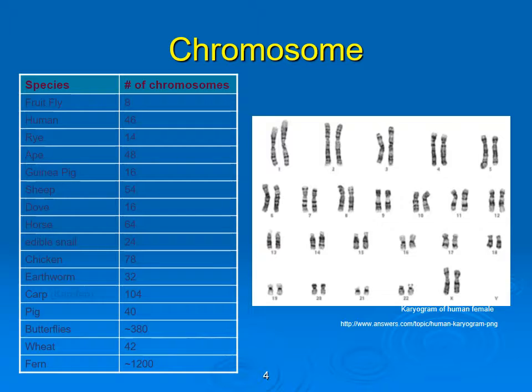They're condensed, and they've been stained with histological stains. And the black stains are the tightly wrapped areas, and the lighter areas are the euchromatin. So there's heterochromatin, euchromatin, and you probably hit this all in genetics here.